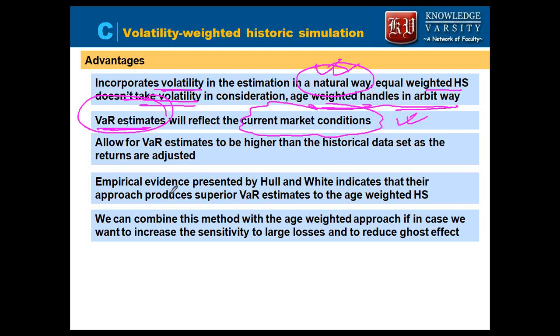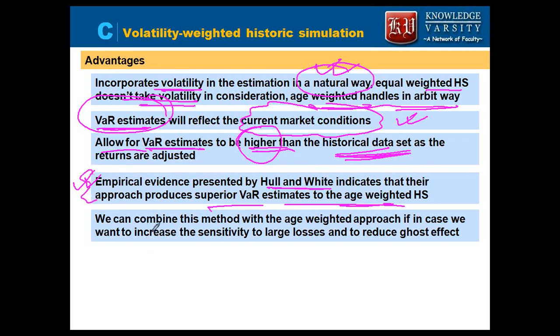It allows VaR estimates to be higher or lower than the historical data set, depending on the current market situation. Empirically they have tested this method and found it better than the earlier approaches, both the age weighted and the equal weighted.